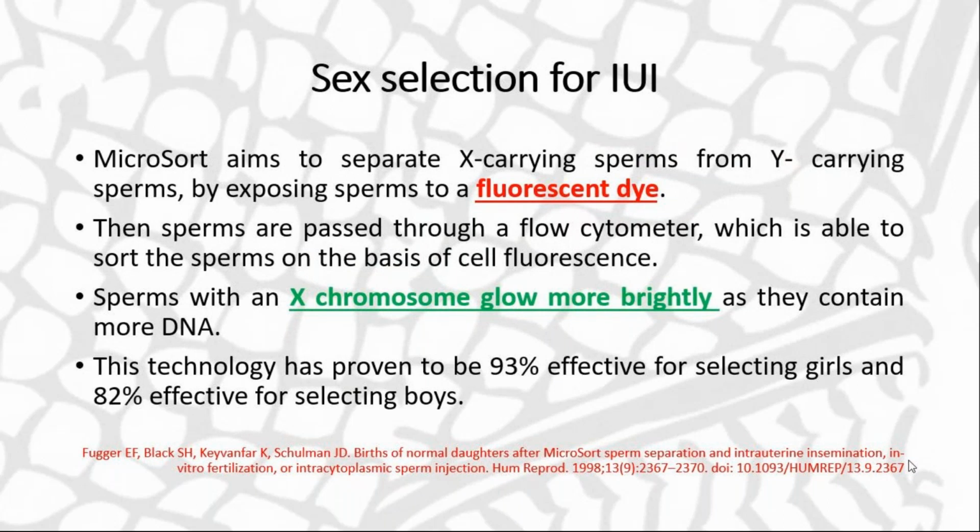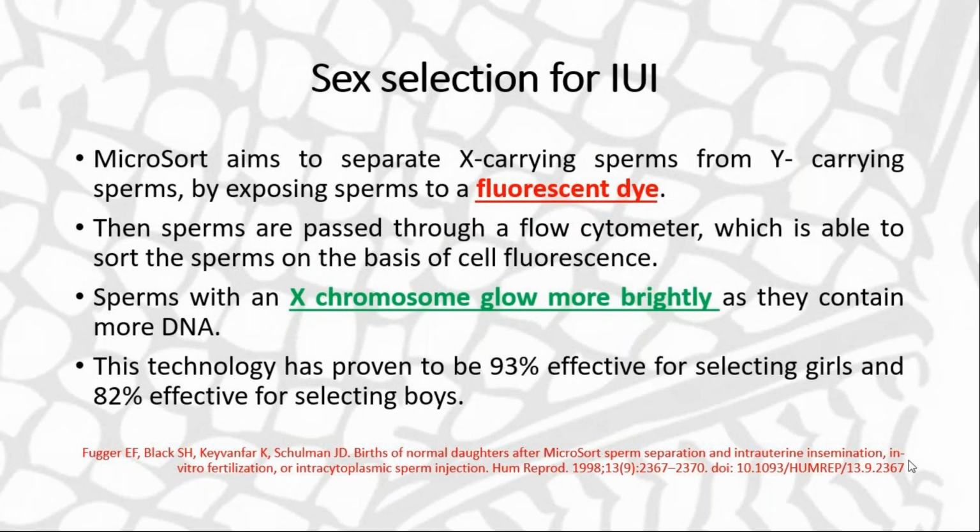The idea is that it depends on the fluorescence glowing of the chromosomes after staining the sperms with a fluorescent dye and passing them through a flow cytometer, which can distinguish between the X-bearing sperm and the Y-bearing sperm according to the brightness of the fluorescent dye emission.